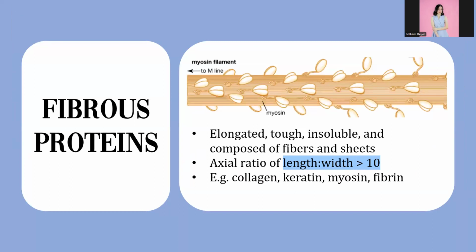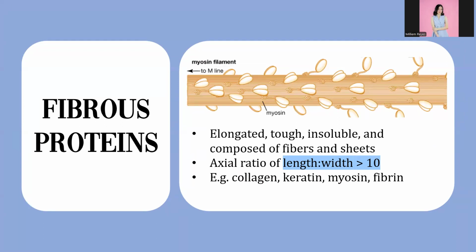First off, we have our fibrous proteins. Fibrous proteins, as the name suggests, they are fibers. So they are elongated, they are tough, they're insoluble, and they're composed again of fibers and sheets. The axial ratio of your fibrous proteins, or the length versus width, is greater than 10, which means that it is longer more than it is wide.